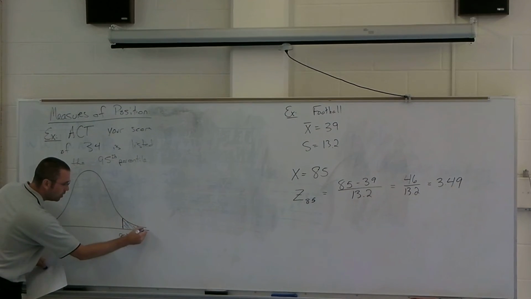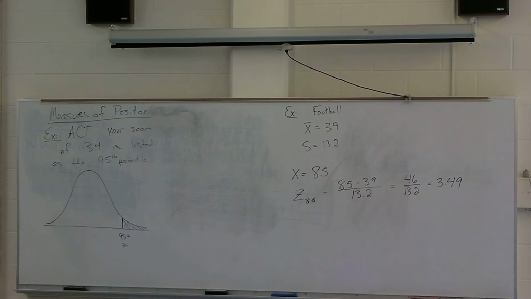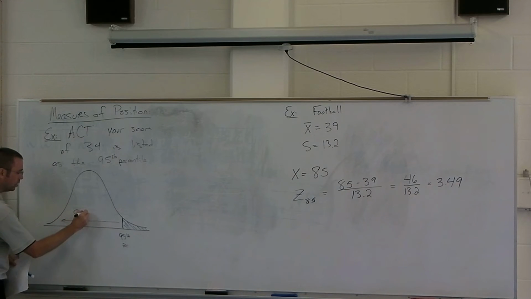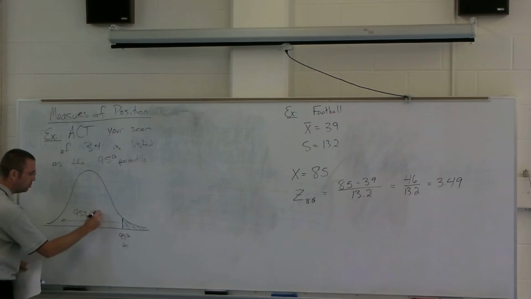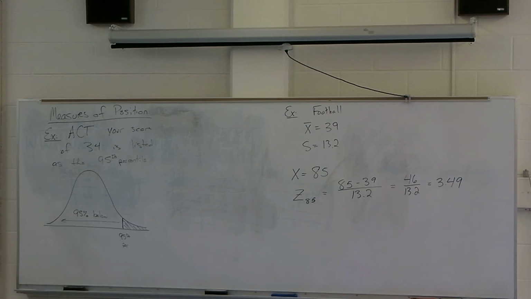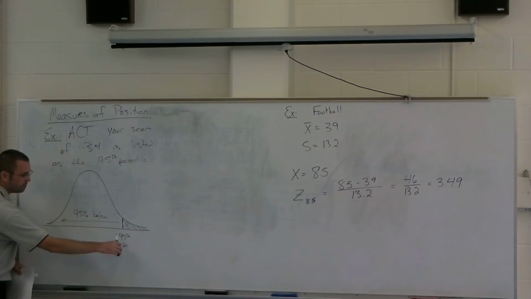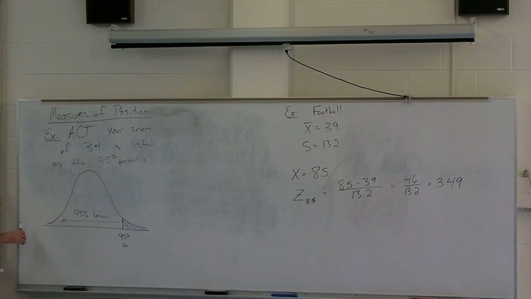And that is one way that we interpret it. The reason it's called the 95th percentile is because 95% of the people scored below your score. Okay? That's why it's given the name the 95th percentile: you're talking about what percent of people you scored better than.